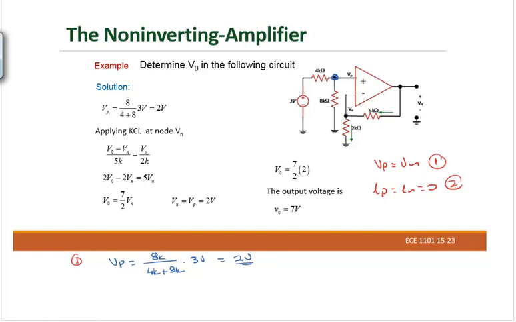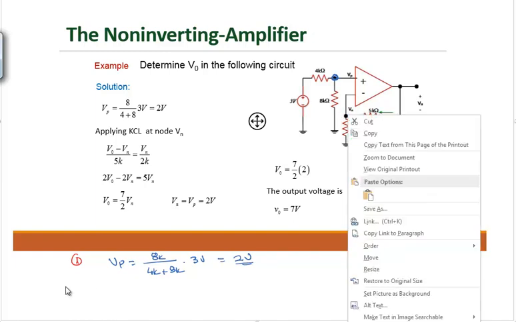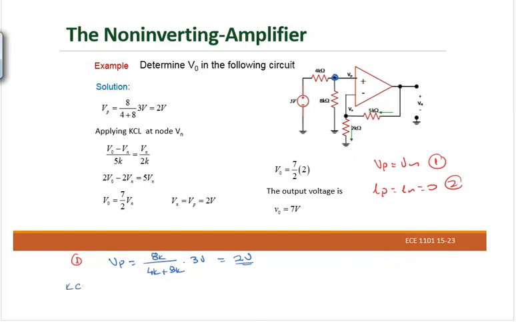So I'm gonna write KCL at Vn. Let me write the first equation right there. We'll see what's gonna happen. One of them is going down. That one is negative Vn divided by 2K. The other one going in, positive V0 minus Vn divided by 5K equals 0.